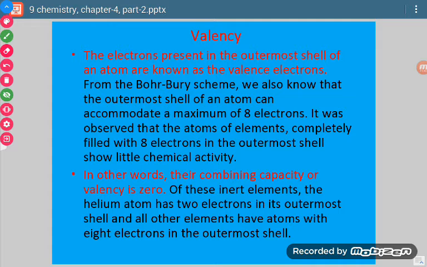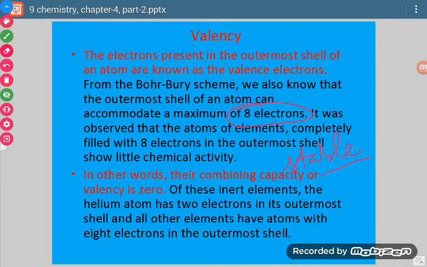Now see what the point is here: if we find in a particular element that there are 8 electrons in the outermost shell, then this distribution of electrons, this electronic configuration, is a stable configuration.